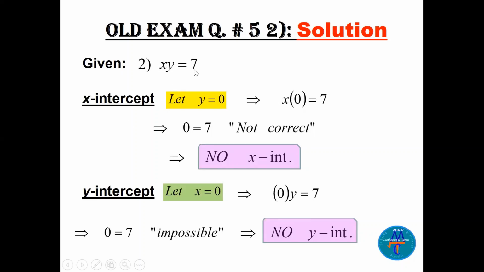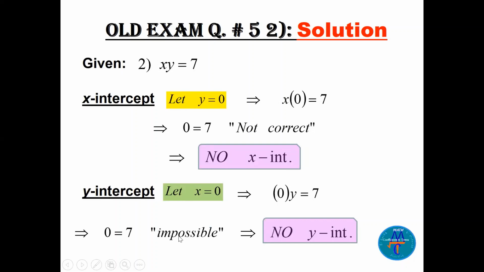The second one, oh, strange, the second one. xy equals 7: no x-intercept, no y-intercept. Because if you say for the x-intercept, let y be 0, put y 0 here, you get 0 equals 7, not correct. 0 equals 7, you cannot reach, no value for x. Y-intercept, let x equal 0. 0 equals 7, also not correct.